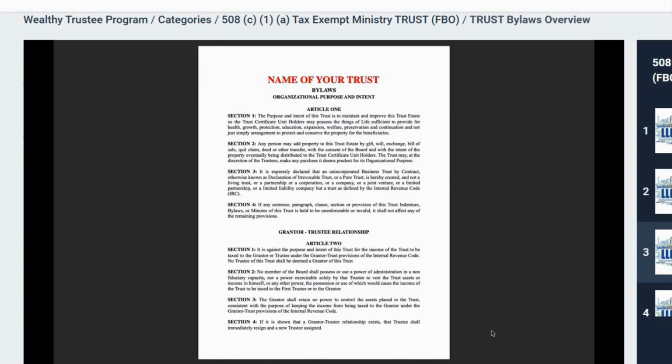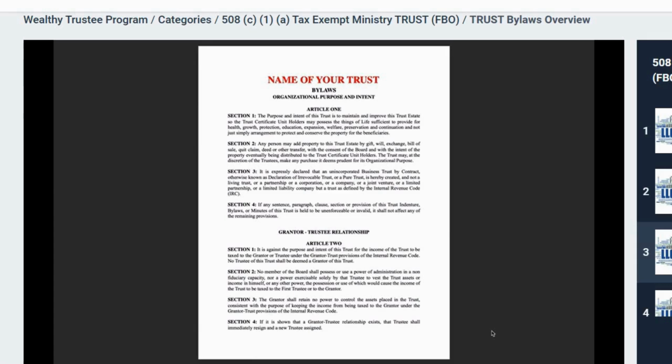Section 2, no member of the board shall possess or use the power of administration in a non-fiduciary capacity, nor a power exercisable solely by the trustee to vest the trust assets or income.